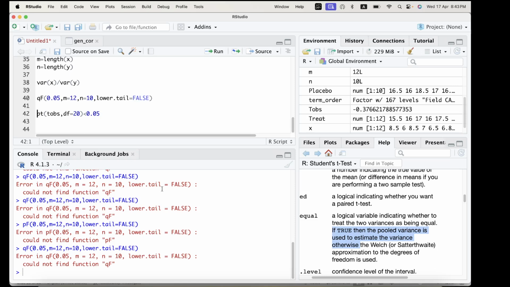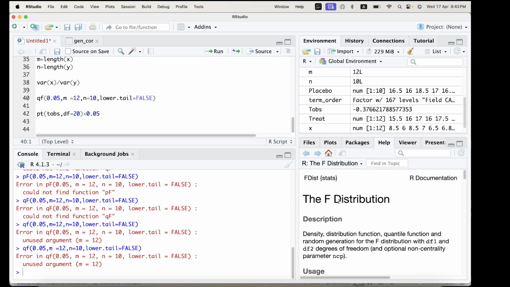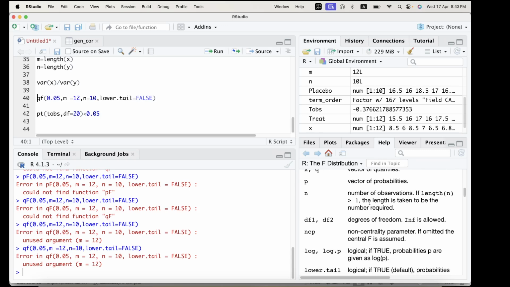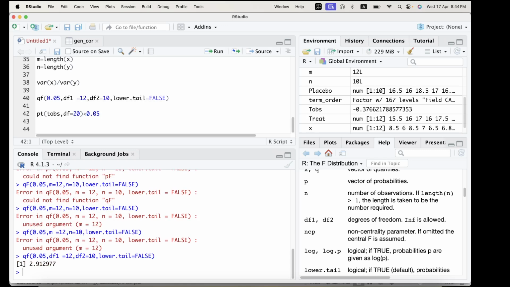This is the distribution function, right? Oh, sorry. Unused argument. F distribution Q in df1 and df2, sorry. df1 and this will be df2. This is 2.91.